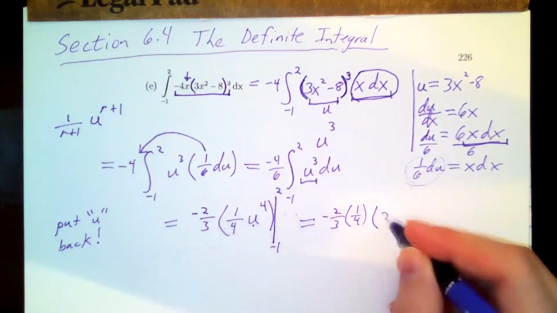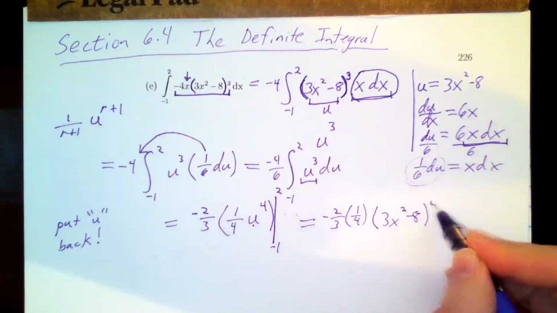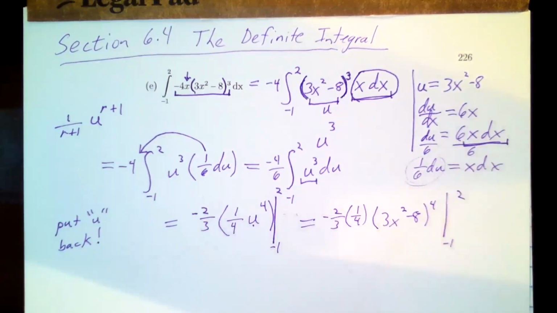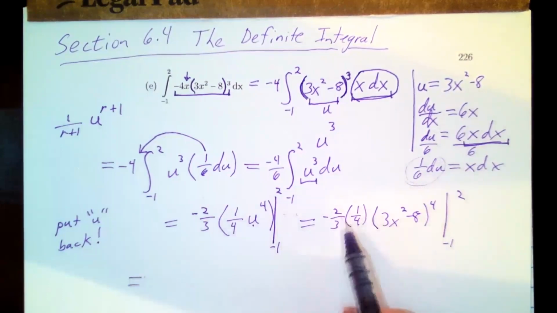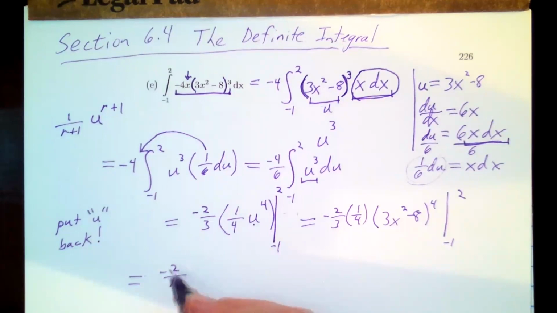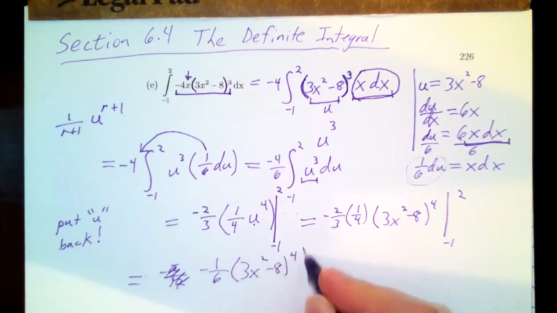U, which is 3x squared minus 8 to the 4th power, that will be evaluated from -1 to 2. -2/3 times 1/4 is -2/12 when you multiply those together, which reduces down to -1/6. So you have -1/6 times 3x squared minus 8 to the 4th power. That's going to be evaluated from -1 to 2.